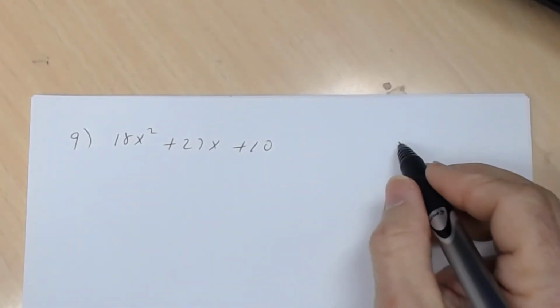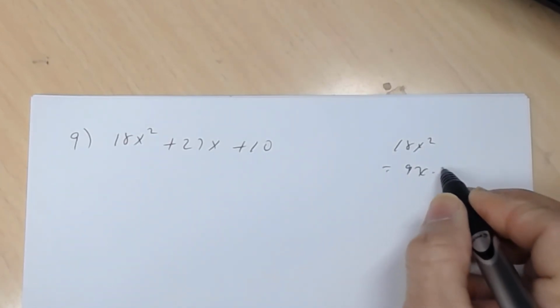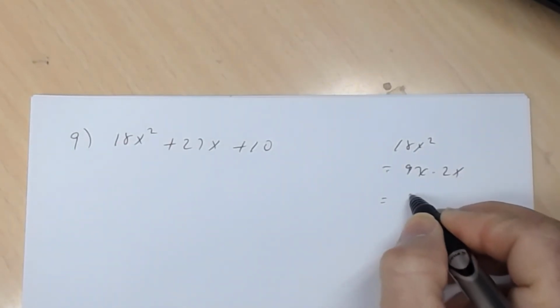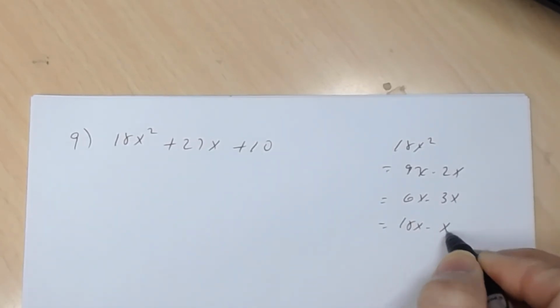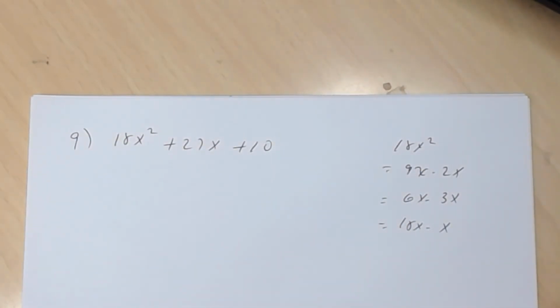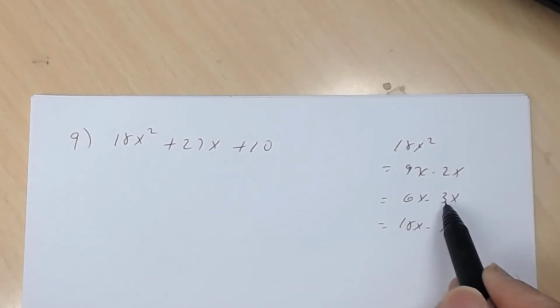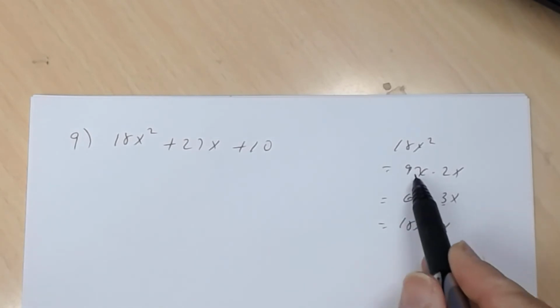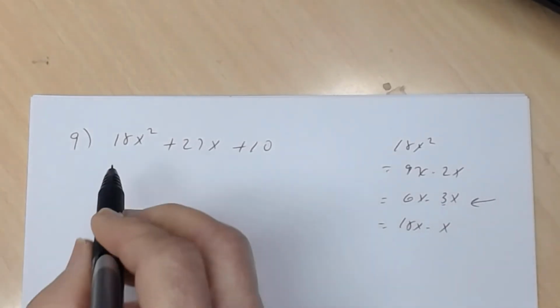If you look at 18x squared, there's several possibilities. There's 9x times 2x. There's 6x times 3x. There's 18x times x. So again, we're going to try the two that are close together on the number line. 6 and 3 are closer together than 9 and 2. So let's try that first. Doesn't always work, but let's try.